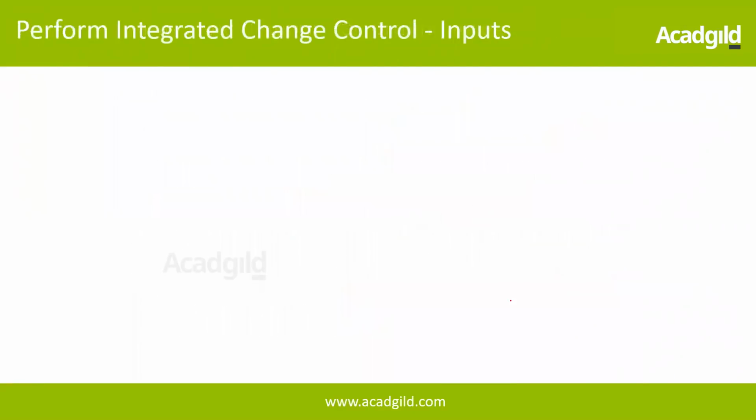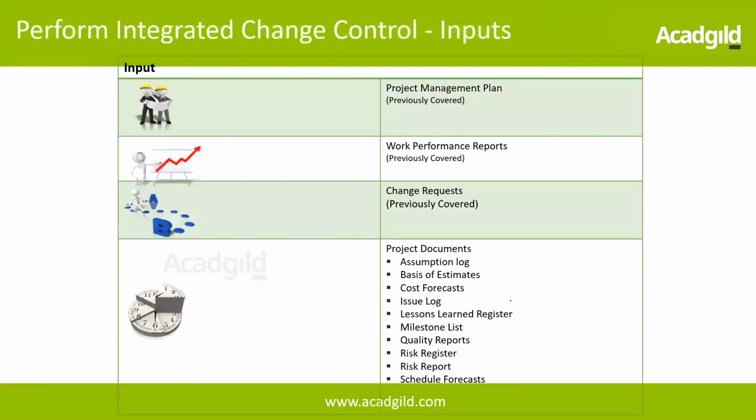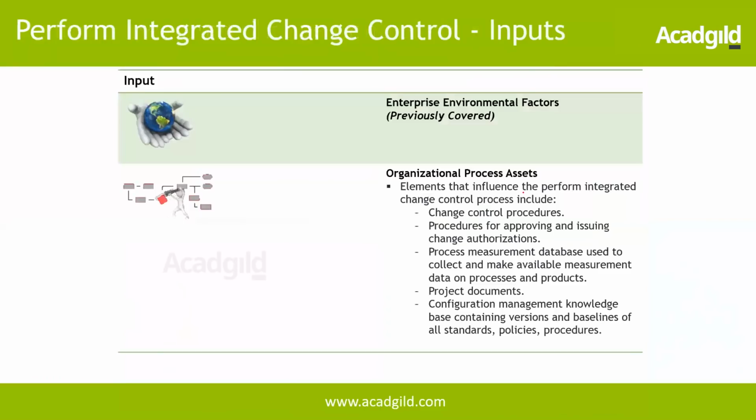Now let's look at the inputs. Inputs are the project management plan, work performance reports, change requests, project documents. These are the things which we have already discussed. Then other inputs are EEF and OPA.